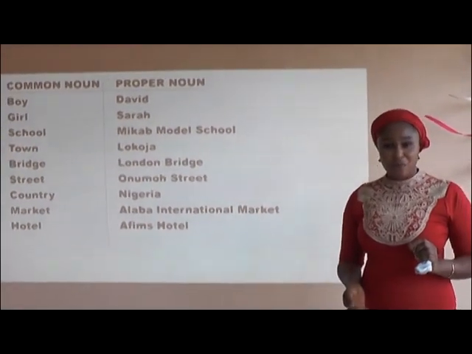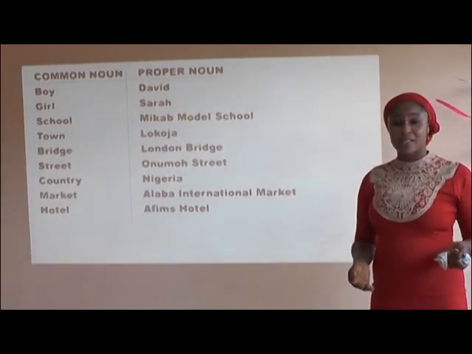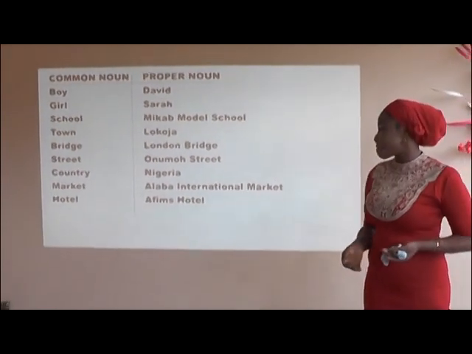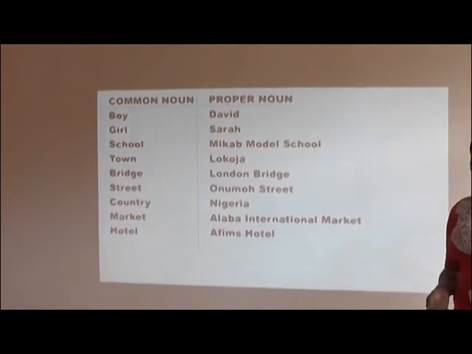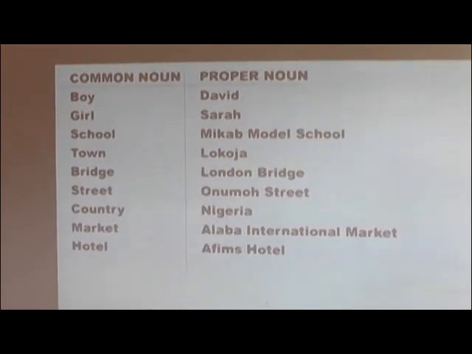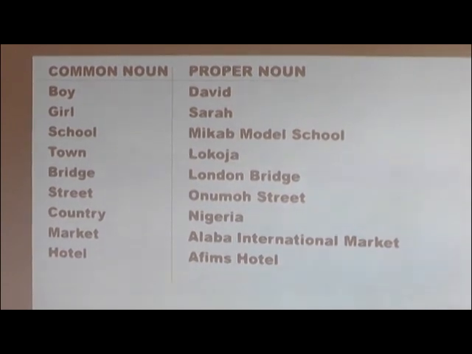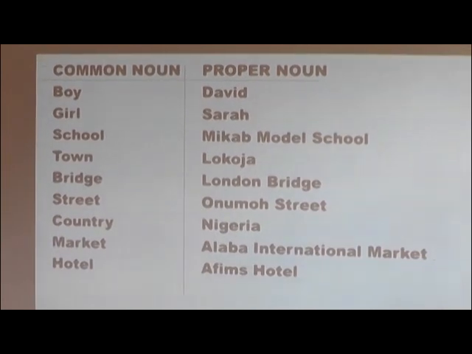I believe we are all following. Yes. Then bridge, we have London Bridge. Streets, we have Onuma Street. Country, we have Nigeria. Markets, we have Alaba International Market. Hotel, we have Athens Hotel. All these are common nouns and proper nouns.